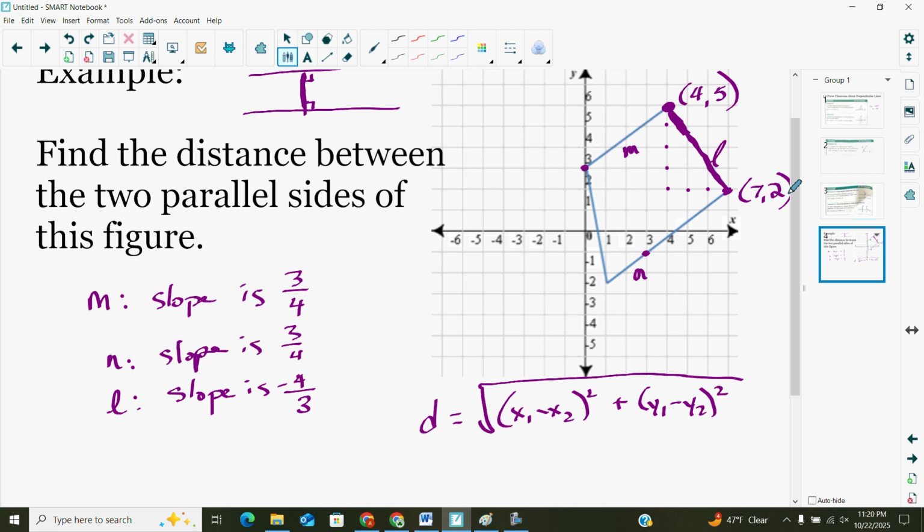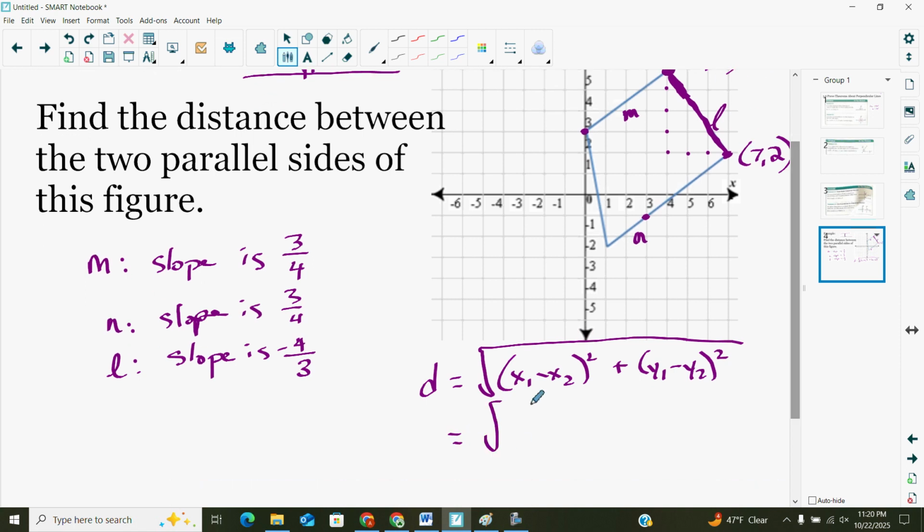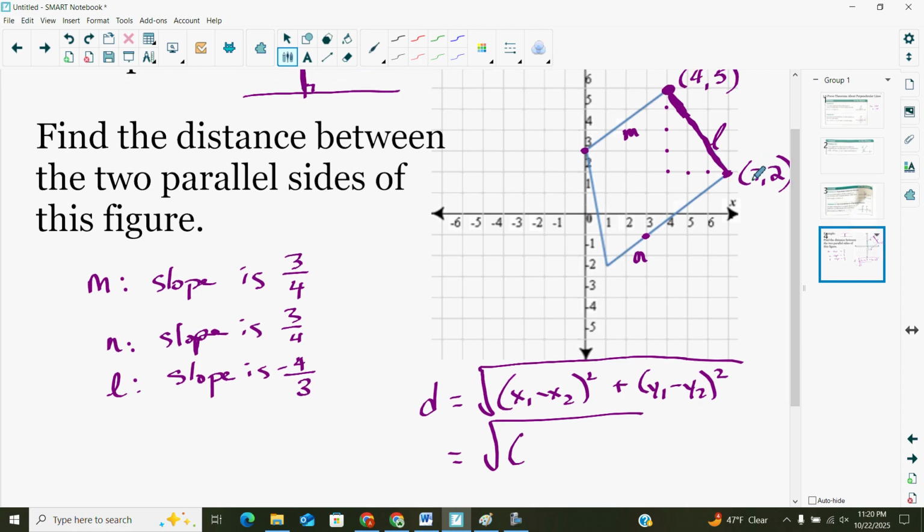And we have our points, 7, 2, and 4, 5, so we can plug stuff in here. So 7 minus 4 squared and 2 minus 5.